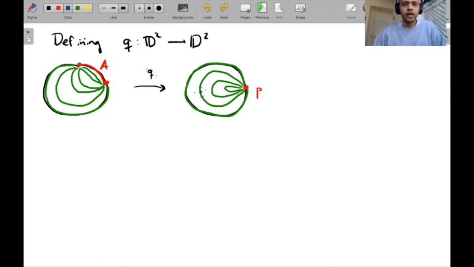If one was to write down explicitly how this map worked, it would be even easier.